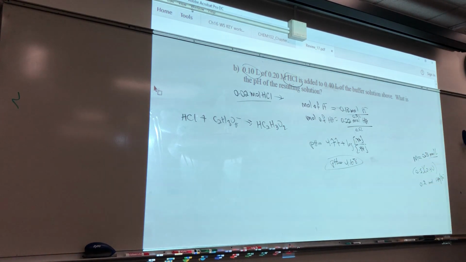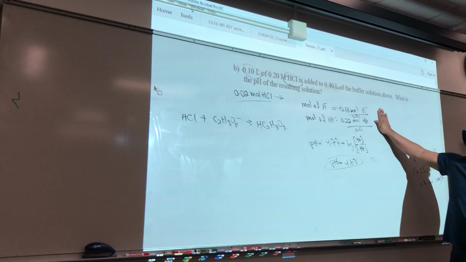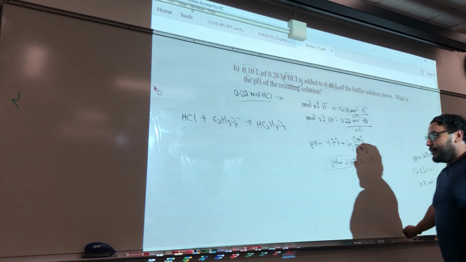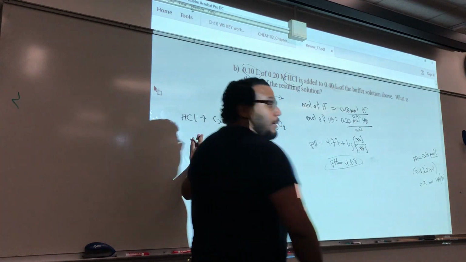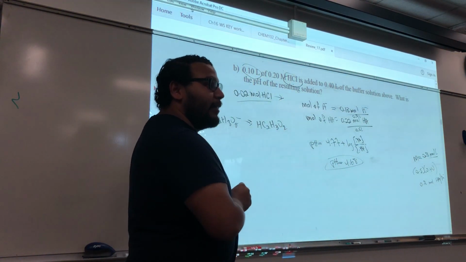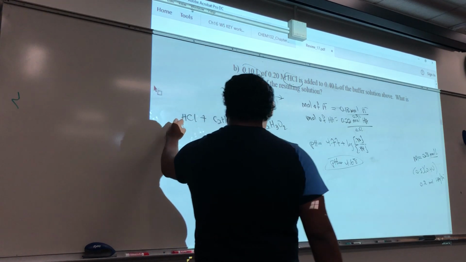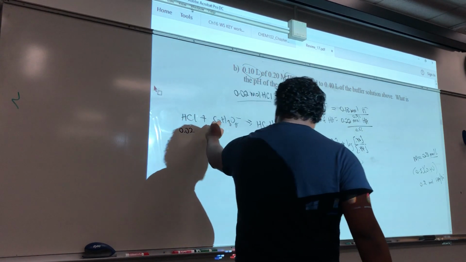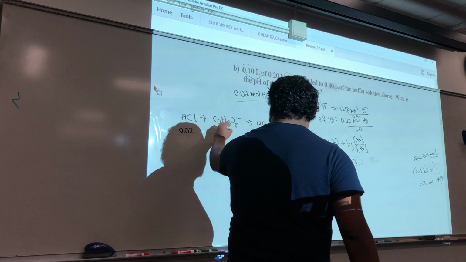How did you get this on the ICE table? We would have to add an extra table here if you wanted to. So it would be 0.02, 0.22, 0.20.